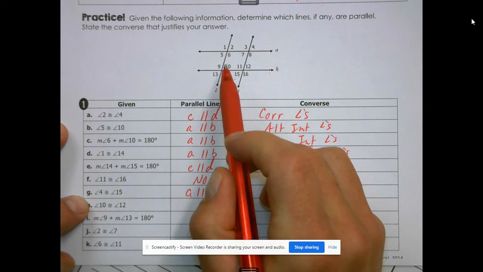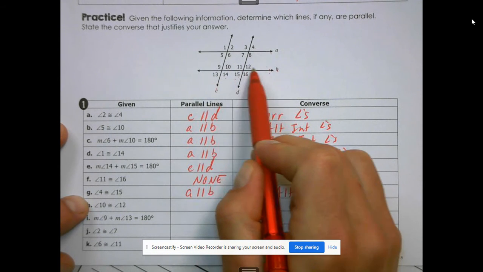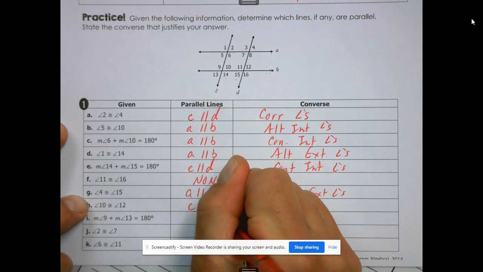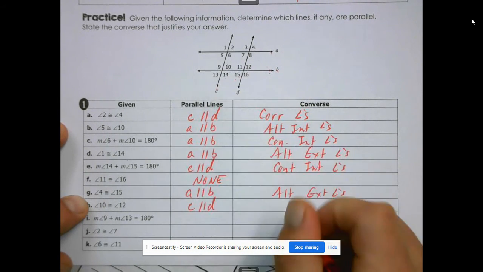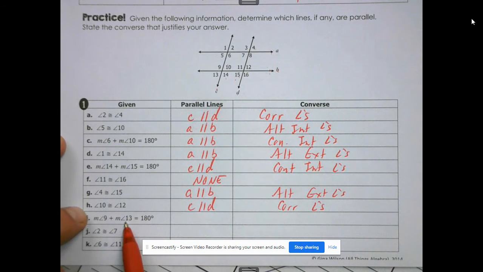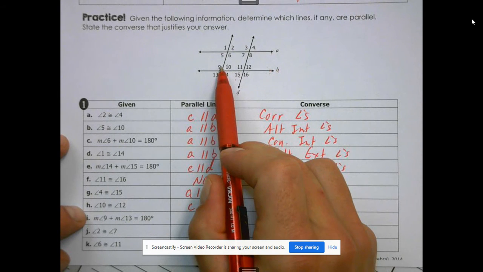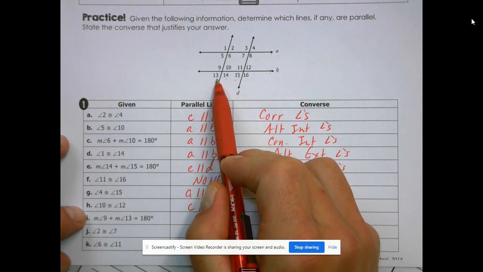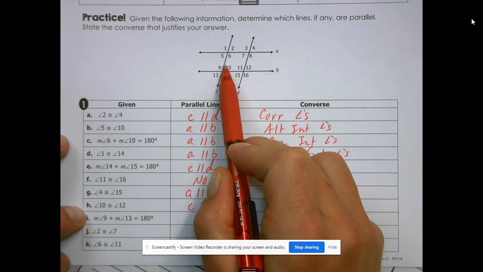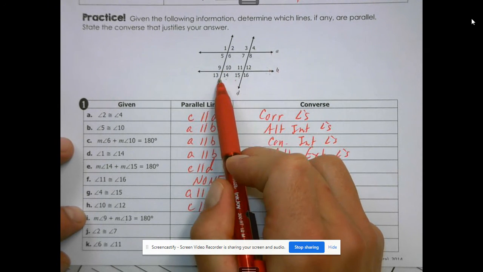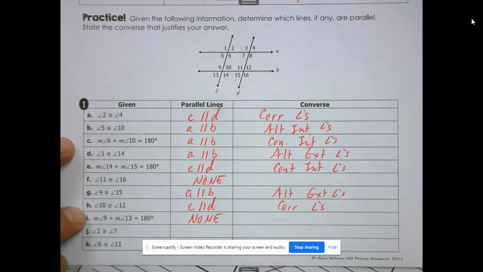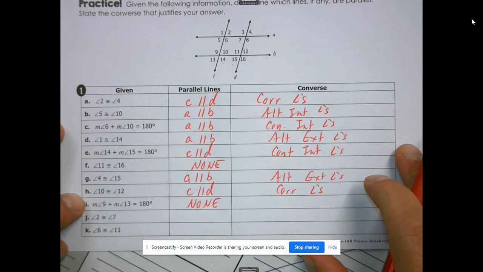10 and 12. There's 10, there's 12. They're on line B, which makes C parallel to D. And 10 and 12 are corresponding angles. 9 and 13. There's 9, there's 13. Yes, I have 180, but that is a linear pair. With linear pairs or vertical angles, we cannot prove any lines parallel. 2 and 7.